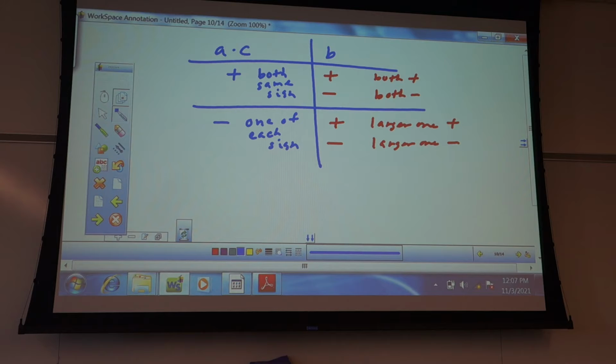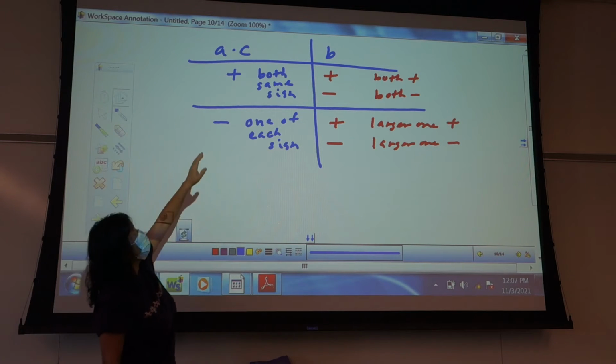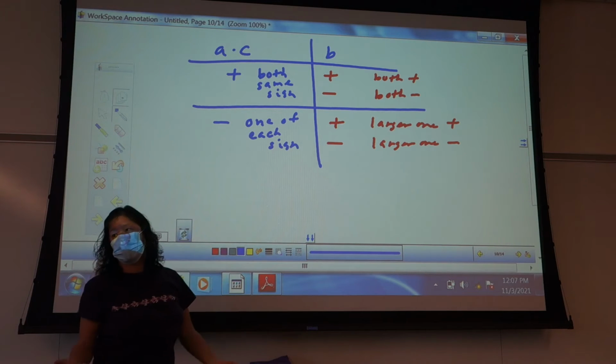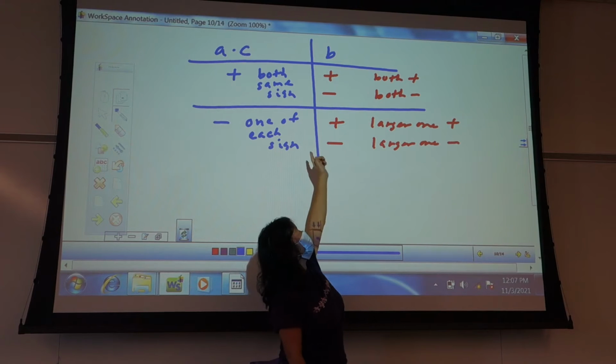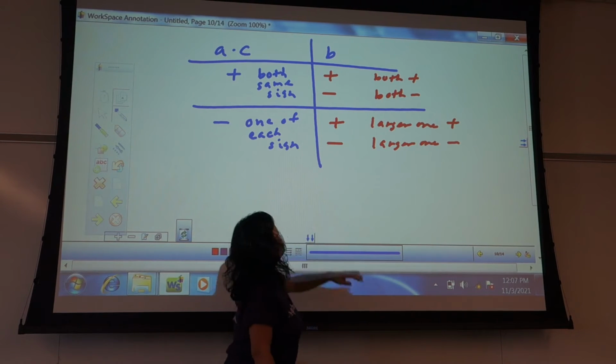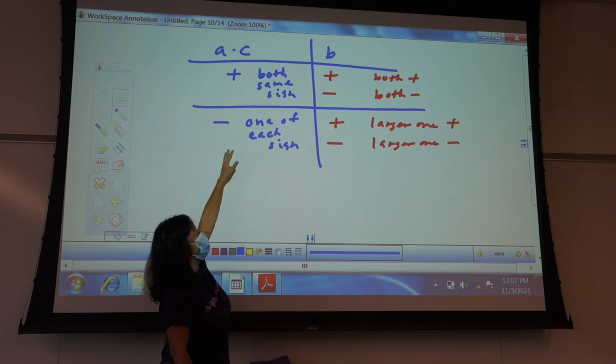So it might help you sort things out. And notice if your AC is positive, they're both the same sign. If your B is positive, it means they're both positive. If your B is negative, it means they're both negative. If your AC is negative, that means you have one of each.